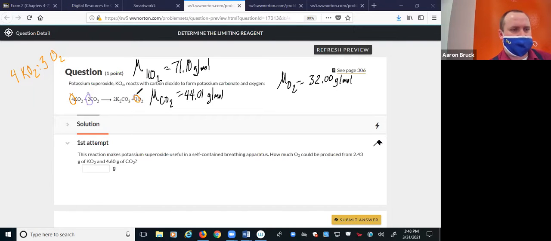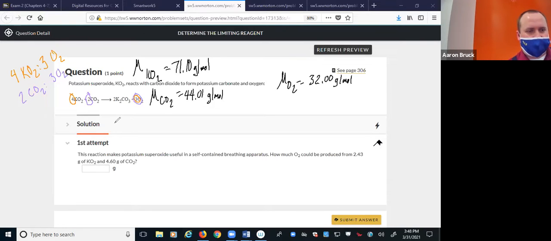CO2 to oxygen is going to be 2 to 3. And so now we've got all of the pieces and parts. We just need to do the actual calculations to determine what the limiting reactant is.